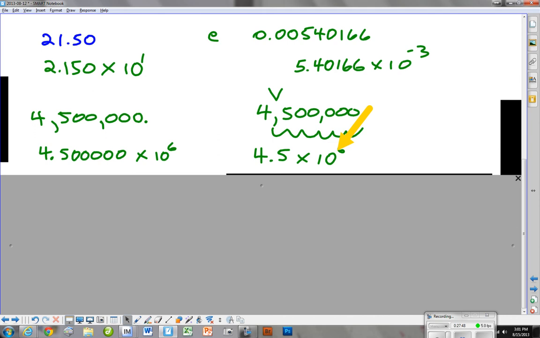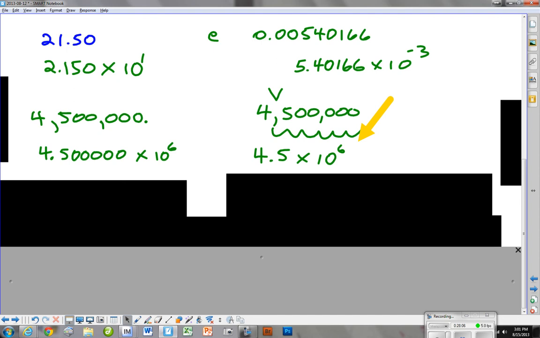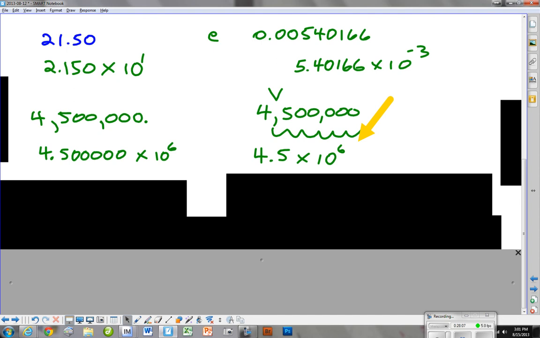Oops, I'm going to run into the wall. I'm out of space. It's a lot of zeros to write, so we don't want to do that. Scientific notation is extremely helpful for dealing with really big numbers. And we have that in chemistry because you have to have a whole gazillion atoms just to be able to see the stuff. You can't see an atom.